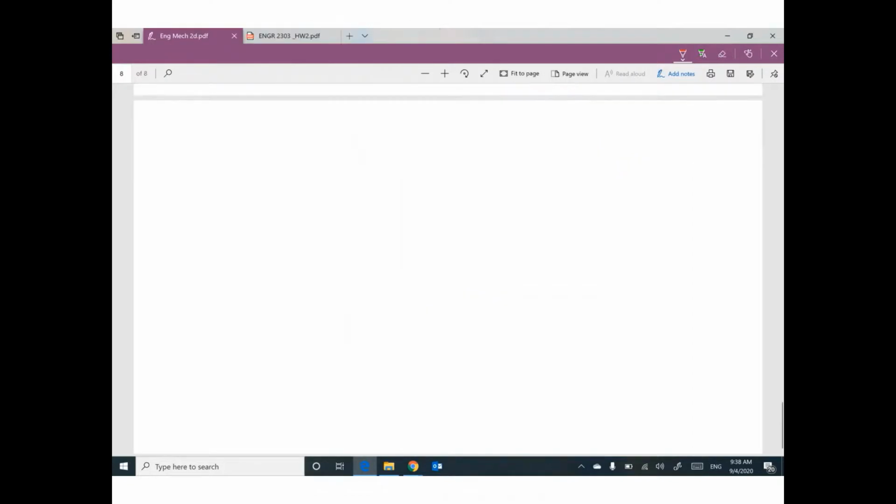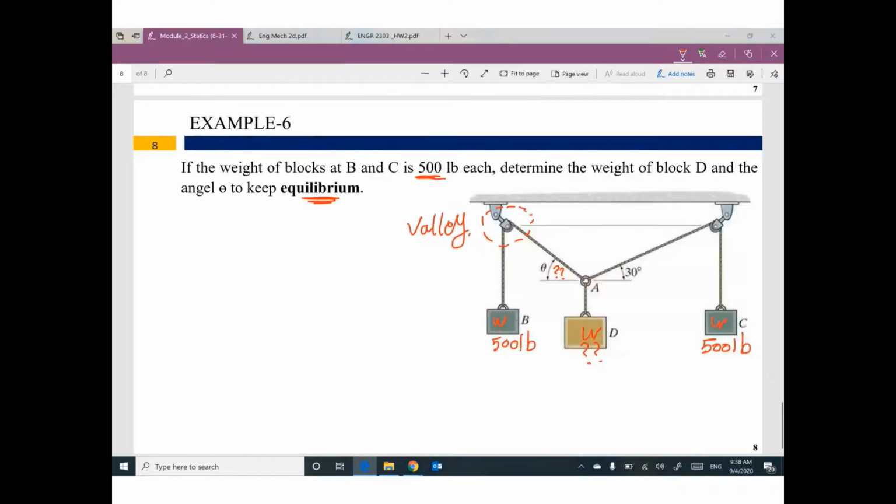So this rope has a weight equal to 500. That means this rope around this pulley must have 500 here. This one has a weight of 500, and this one rotates about this pulley, so we have 500 pounds here also.